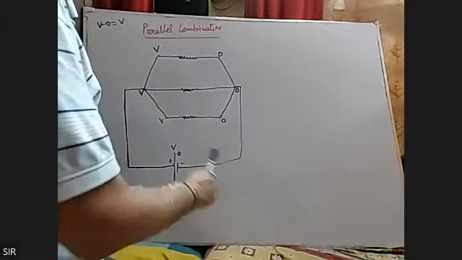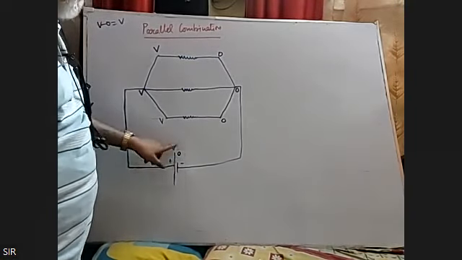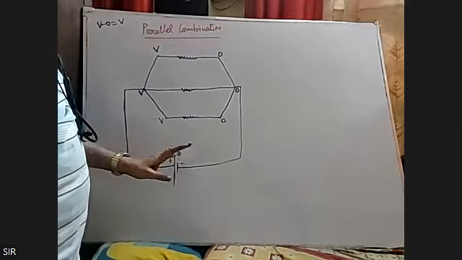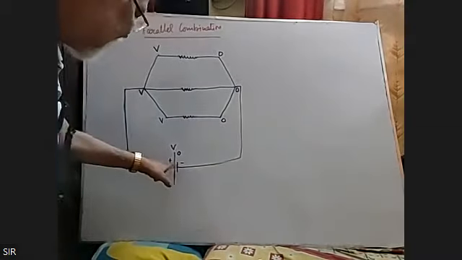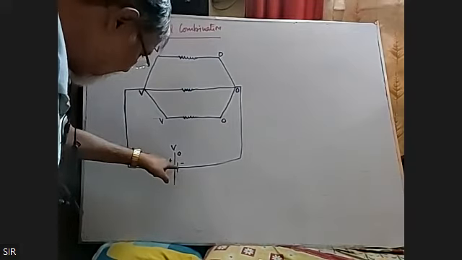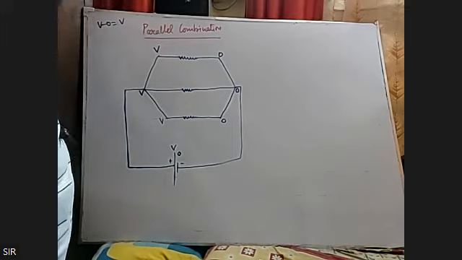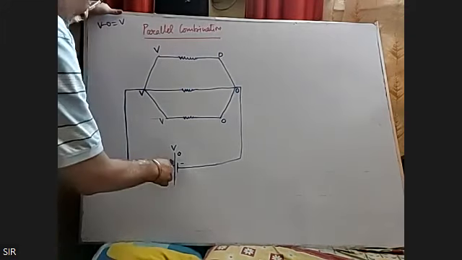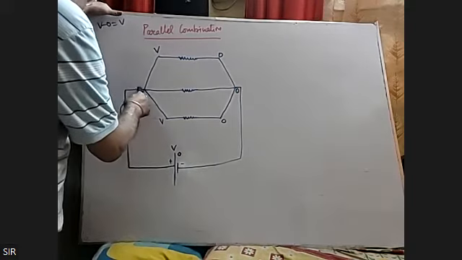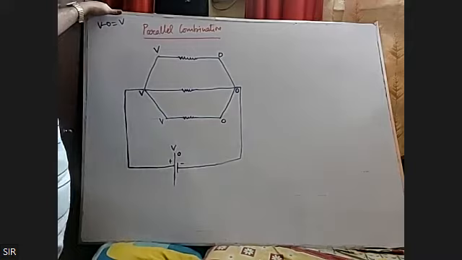So here the potential of the positive terminal is V, and the potential of the negative terminal is assumed to be 0. That is why this cell is giving a potential difference of V. Am I right? Now tell me, if there is no resistance, this potential will reach here or not? Potential drops where?